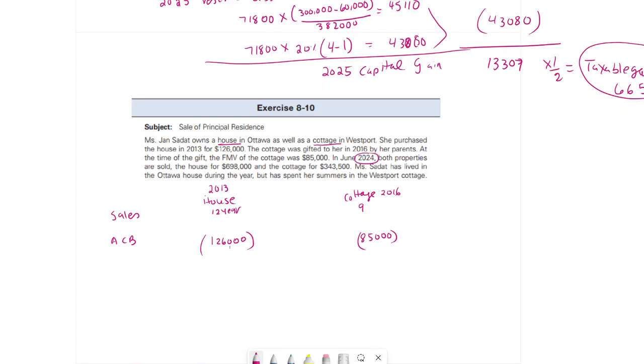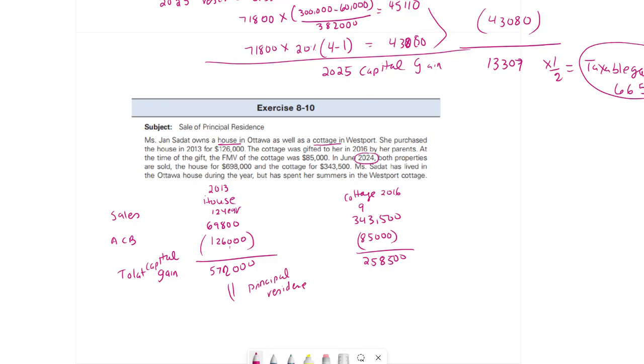We sold the house for 698 and the cottage for 343,500. We have a total capital gain, and in this case we have a higher capital gain on the house and a lower capital gain on the cottage. We want to make the house the principal residence.